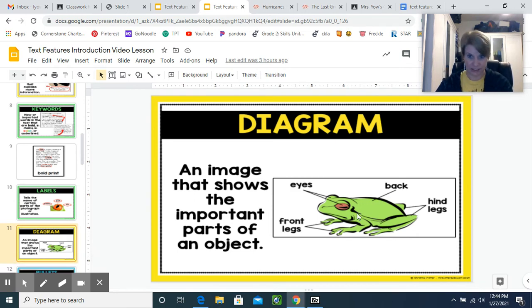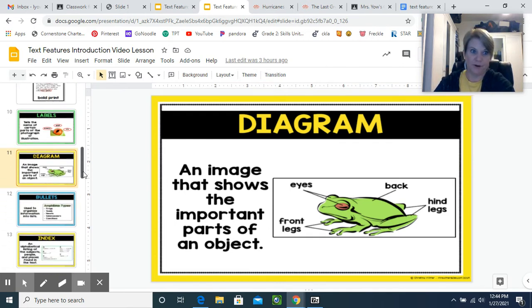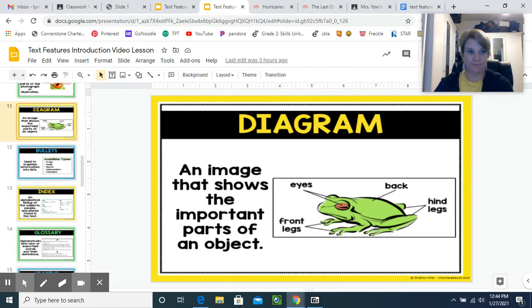So this is an illustration because someone drew it, and the label eyes are pointing to the frog's eyes. This label is telling us where the hind legs are, and this label is telling us where the front legs are. So when you have a picture or a photograph with labels pointing to the parts of the picture, it's telling us that that is a diagram and what the different parts of that diagram are.